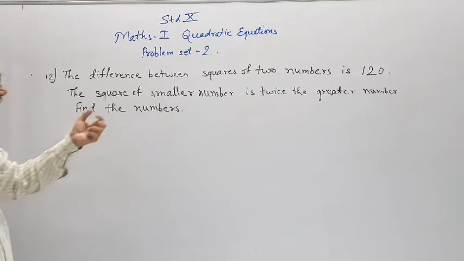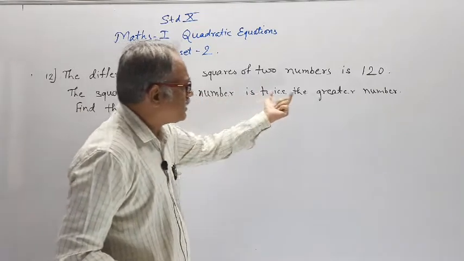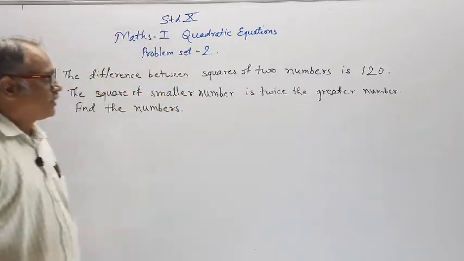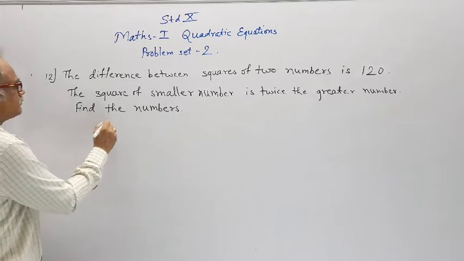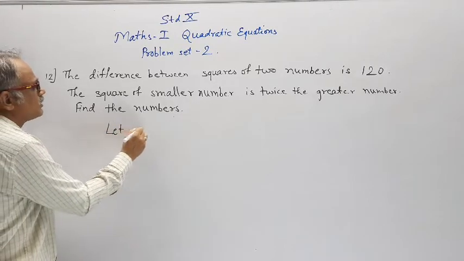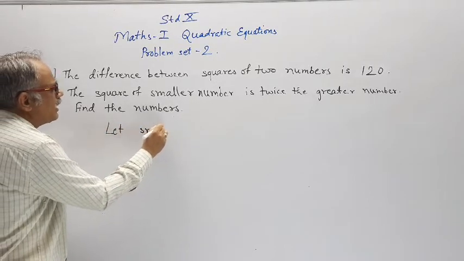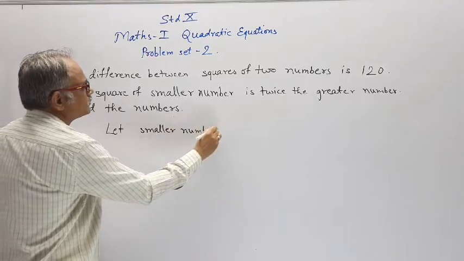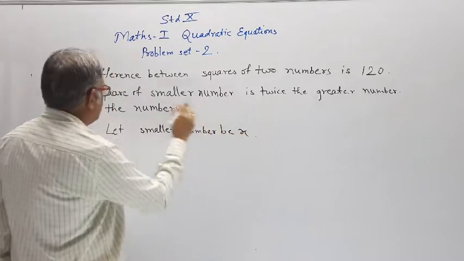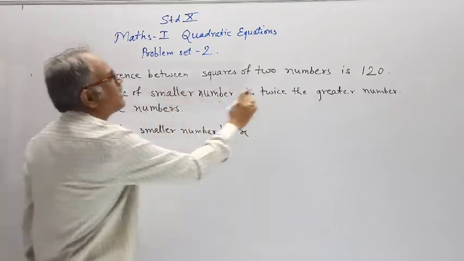It is given that the square of the smaller is twice the greater. So let the smaller number be x. If smaller is x, then x square is what?